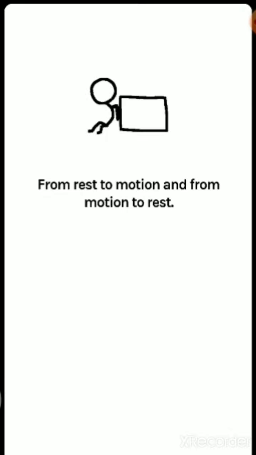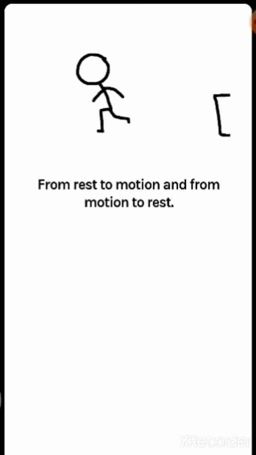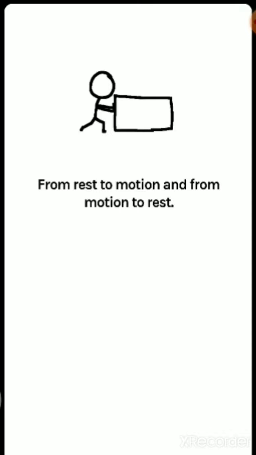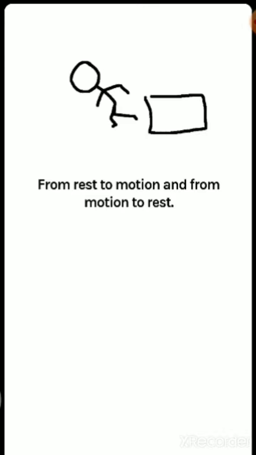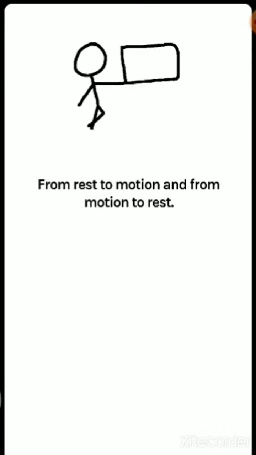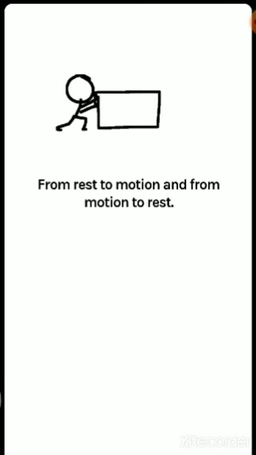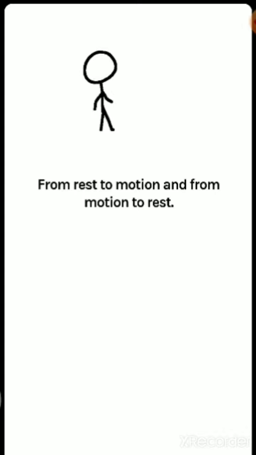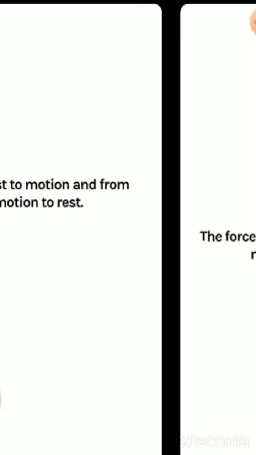From rest to motion and from motion to rest: if an object is at rest, by applying a force we can move it, or if an object is moving, with the help of force we can stop it.